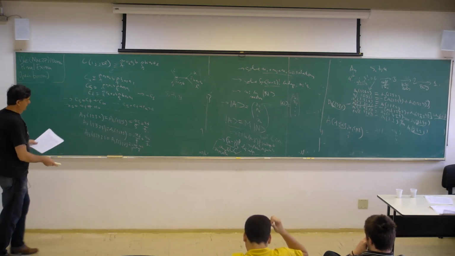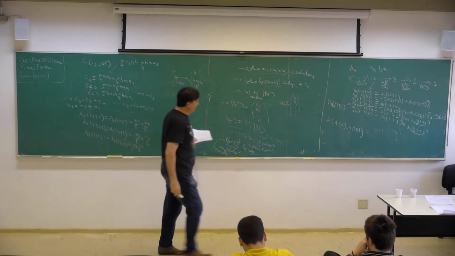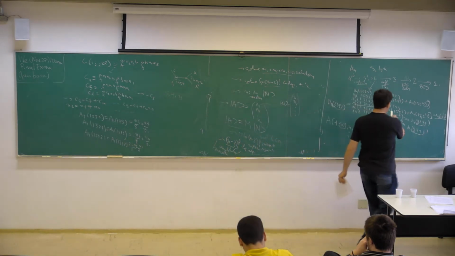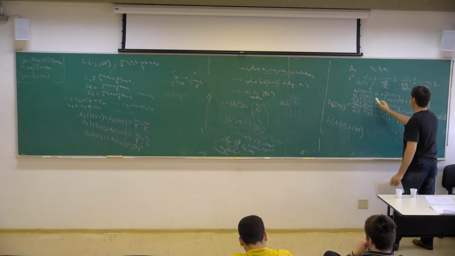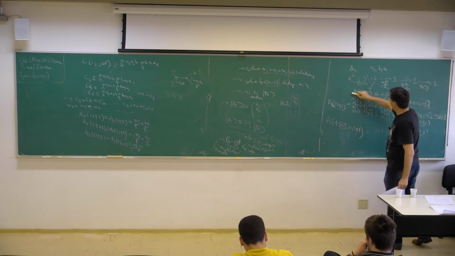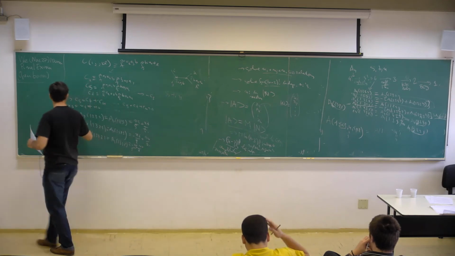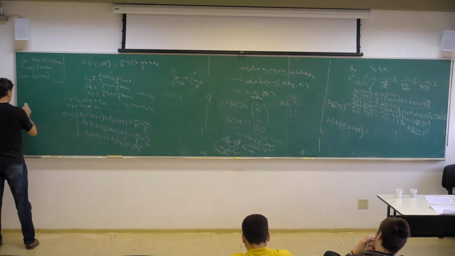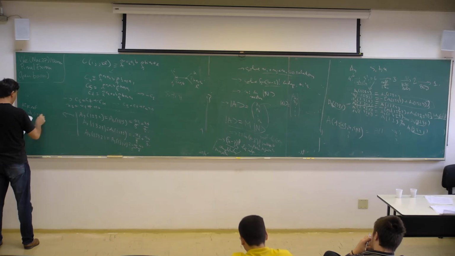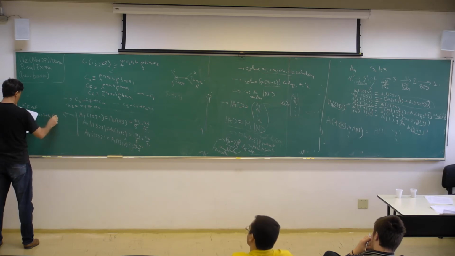So from this you can explicitly check this last independent KK relation, that A4(1,2,3,4) plus A4(1,3,2,4) plus A4(1,2,4,3) equal to 0.